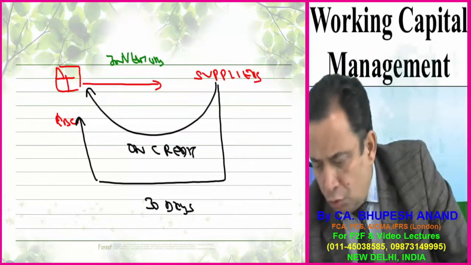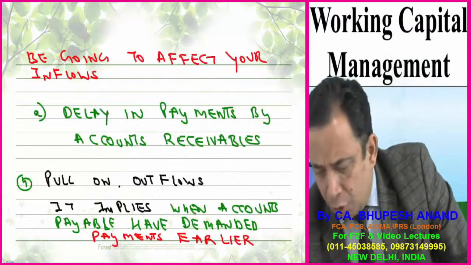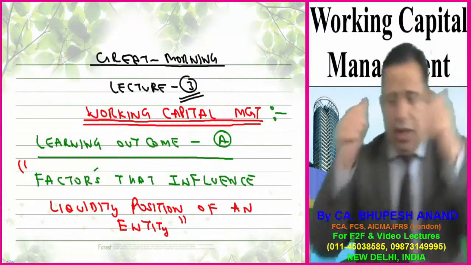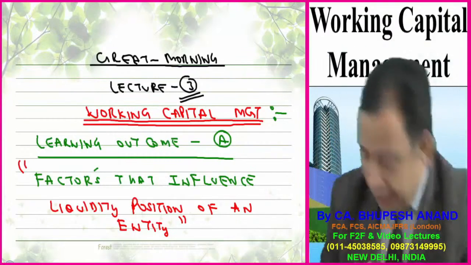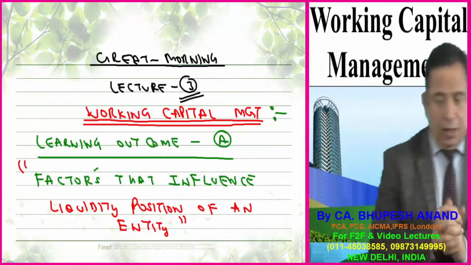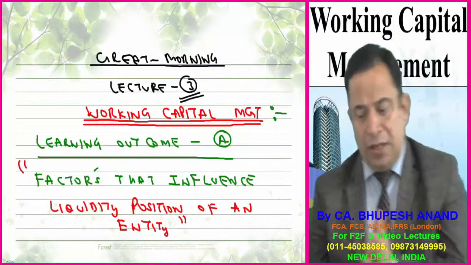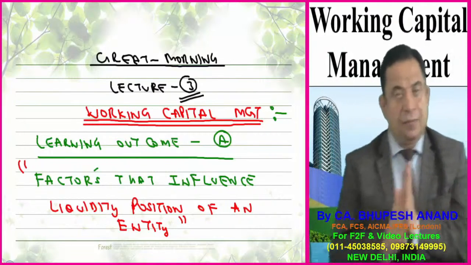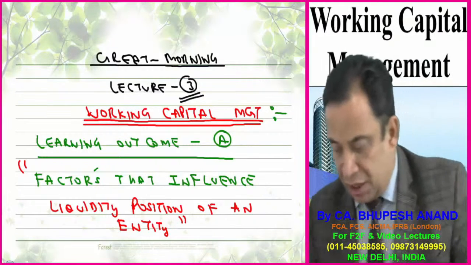Please note down, I have prepared one or two slides for you. Lecture 3, Learning outcome A: Working capital management. Factors that influence the liquidity position of an entity.